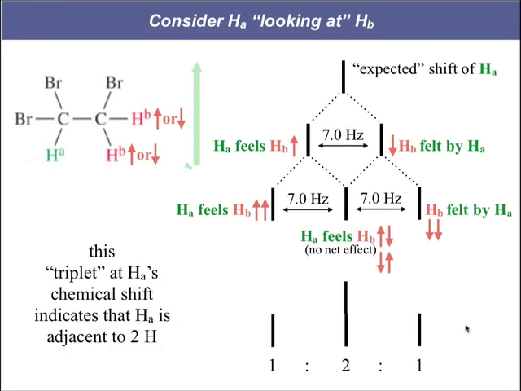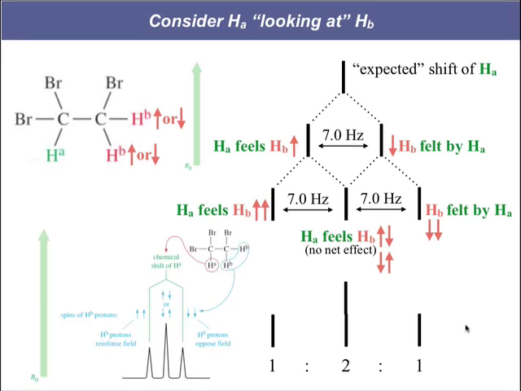That is what our triplet looks like. This triplet indicates that HA is next to two hydrogens. There's our triplet. It's a 1 to 2 to 1 ratio because of the number of possibilities for these spin combinations. Let's go back and look at our spectrum again.